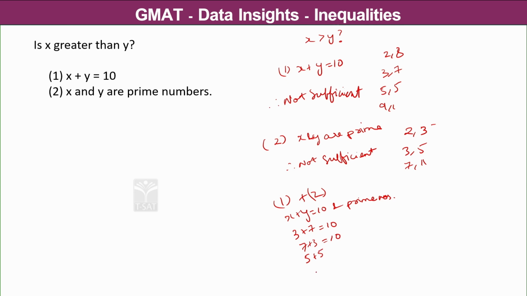They can be equal. They can both be 5 as well if they are prime numbers. Therefore, you cannot comment whether x is greater than, less than, or equal to y. Therefore, not sufficient. So the answer comes out to be option E, when both the statements together are also not sufficient to answer the question. Let's look at the next question.